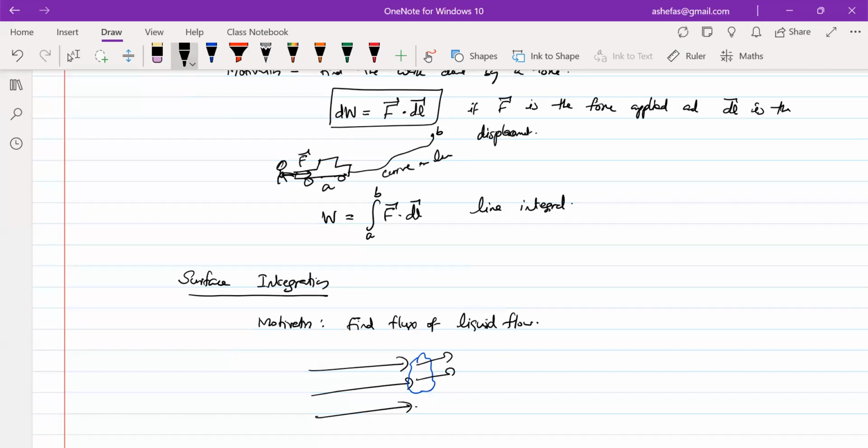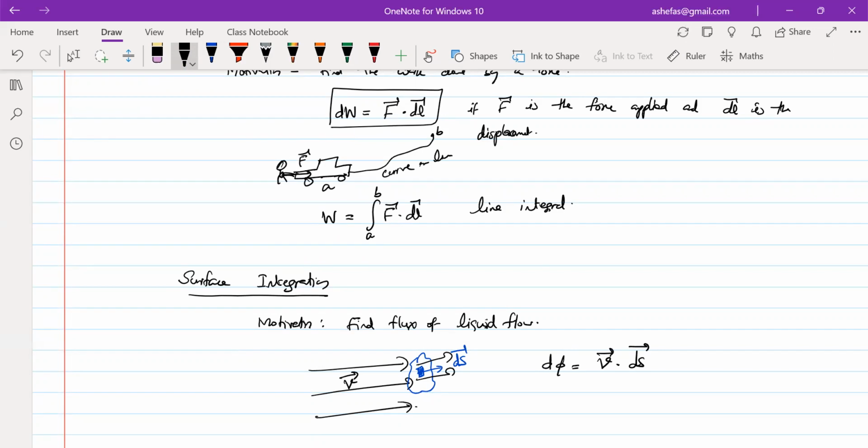So if you have a very small area, a small area vector I am denoting as dS, and the velocity vector of this liquid flow I am denoting as v, then the flux through this small area is denoted as v dot dS. Okay, so this is the flux simply through this small area.